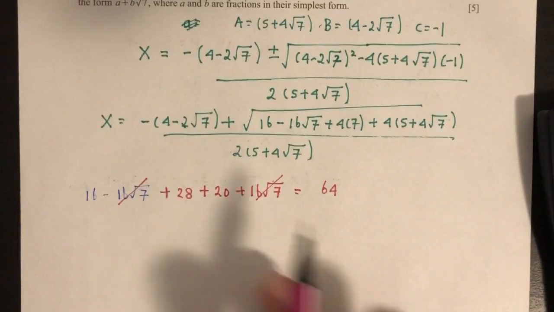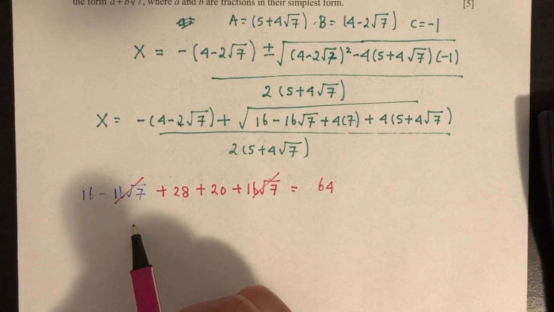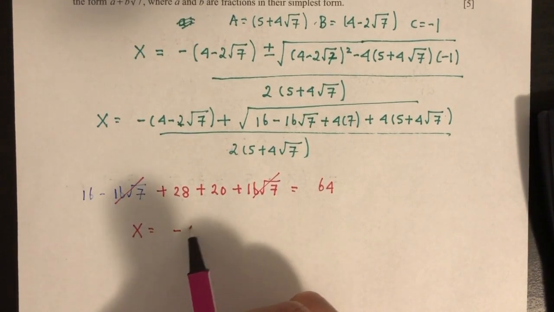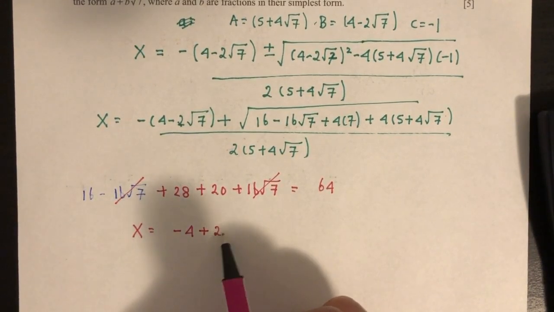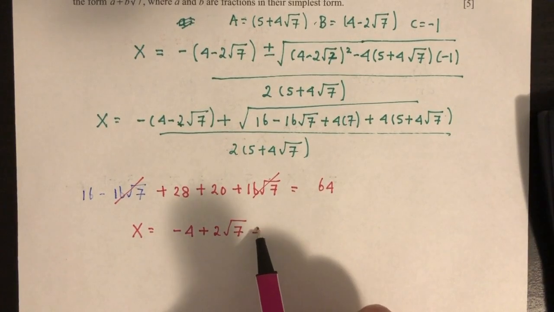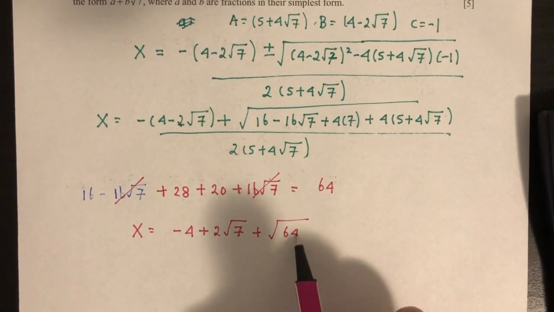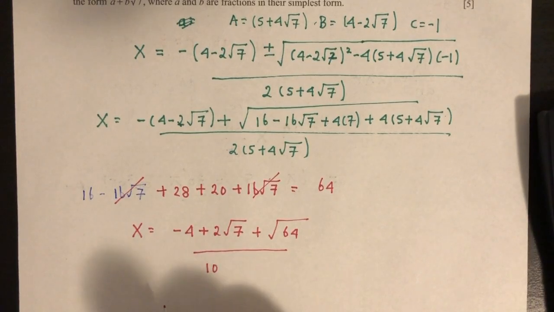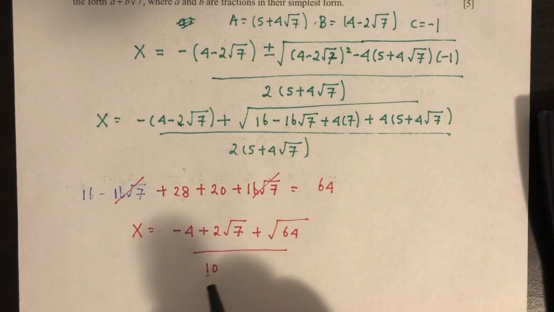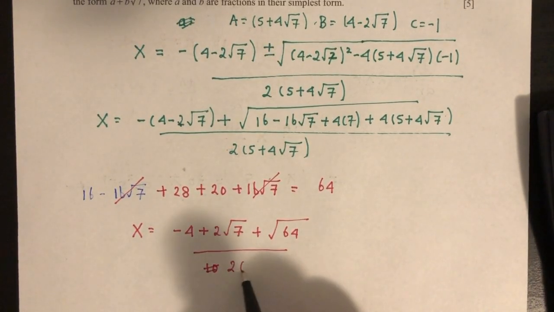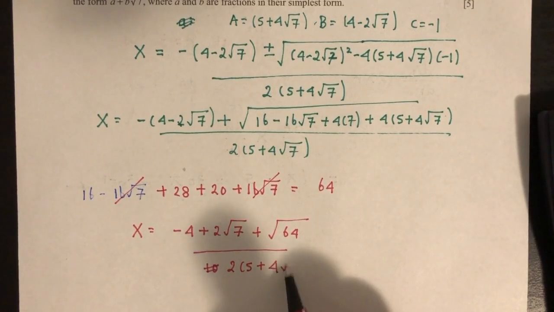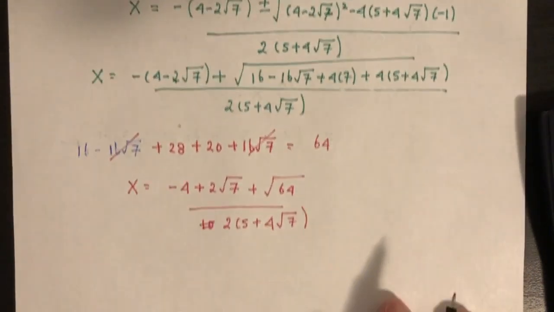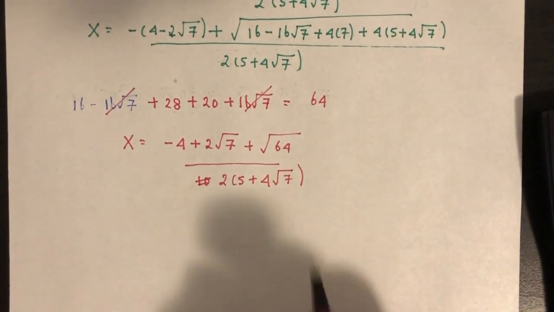So if you simplify down, you will have x equal to minus 4 plus 2 root 7 plus square root of 64 over this one, which is 10. Or we can just keep it that way for now. So 2, 5, 4, and then root 7. Now we keep on simplifying this.